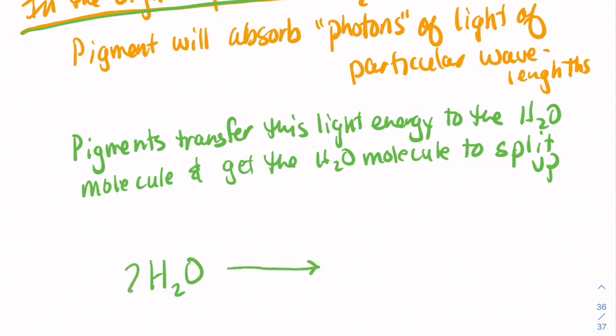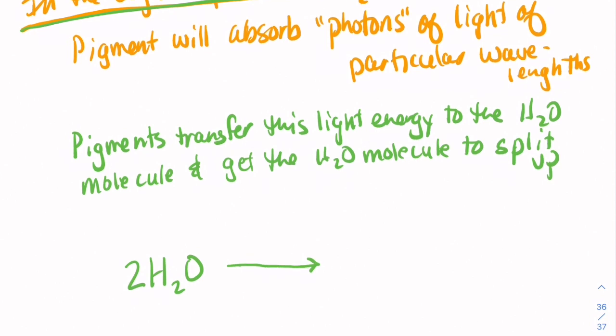Let's see, we have to start with 2 water molecules, and we'll end up getting 4 electrons, 4 protons, and an O2 molecule. Let's do that in blue, just because. There we go.